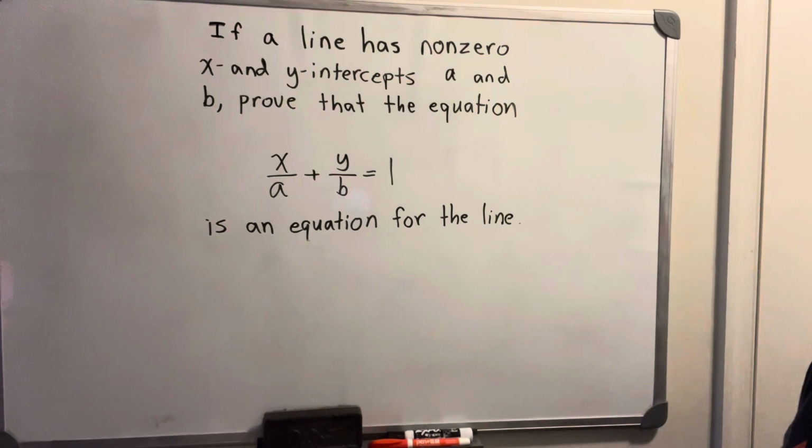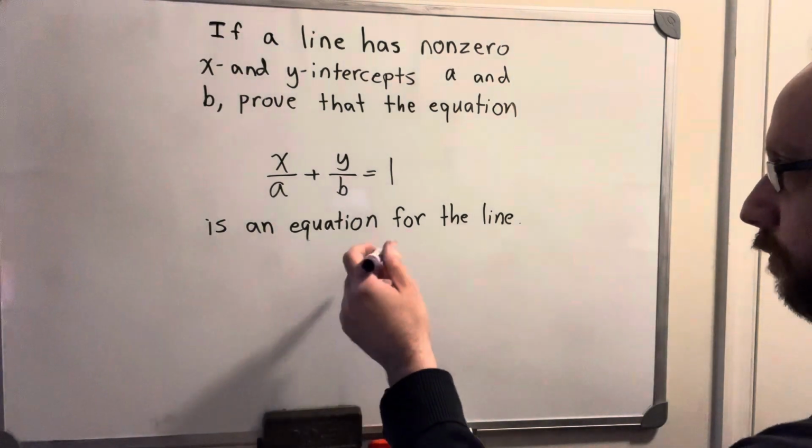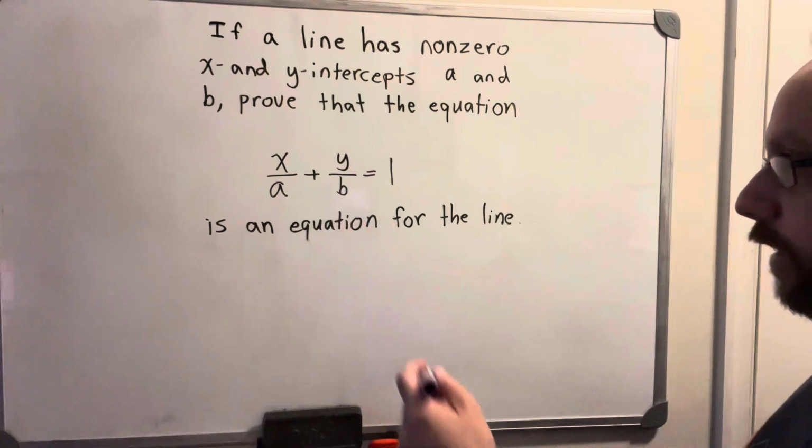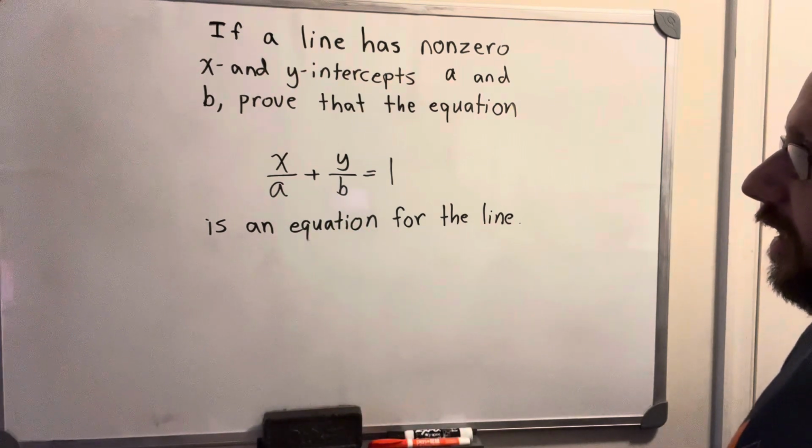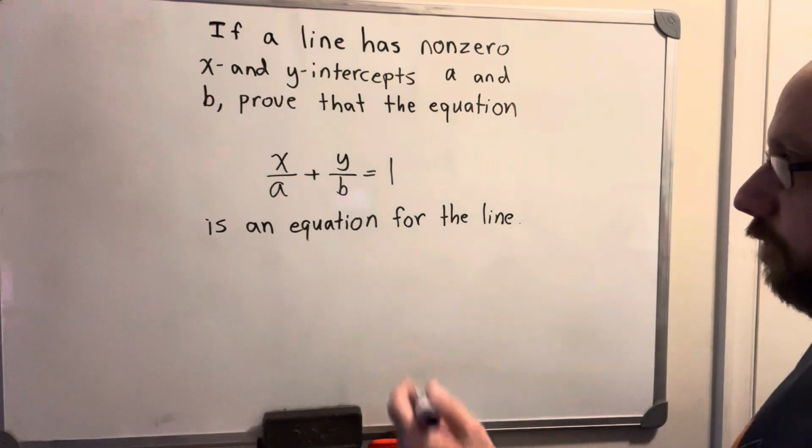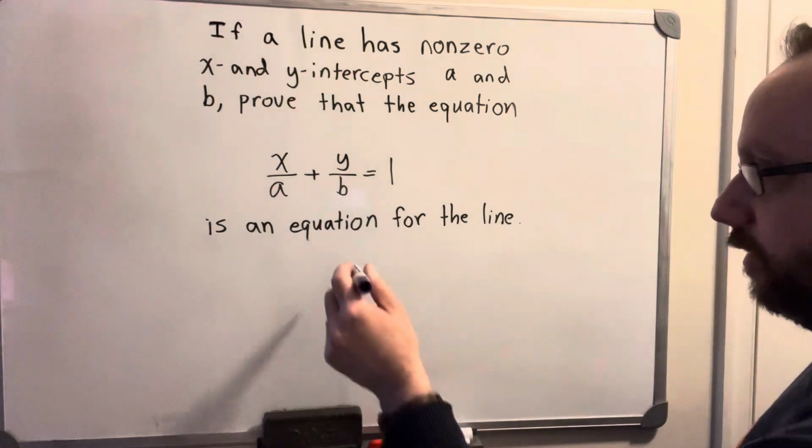So I encourage you to stop and pause this video and look at this equation and say, what is my plan for verifying that this is an equation for a line as described? Think how you would prove it. Okay, this is how I would prove it. I would start with an equation that I know is a true equation for the line and see if I can transform it into this equation.